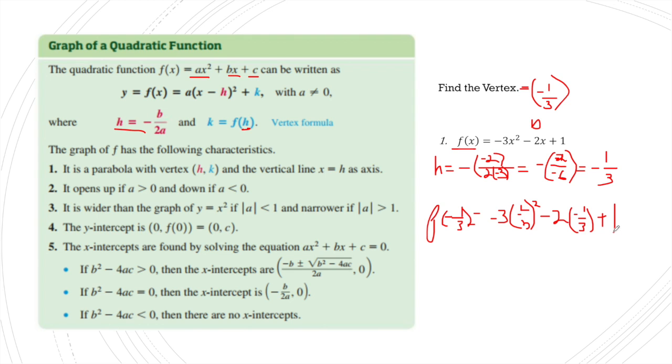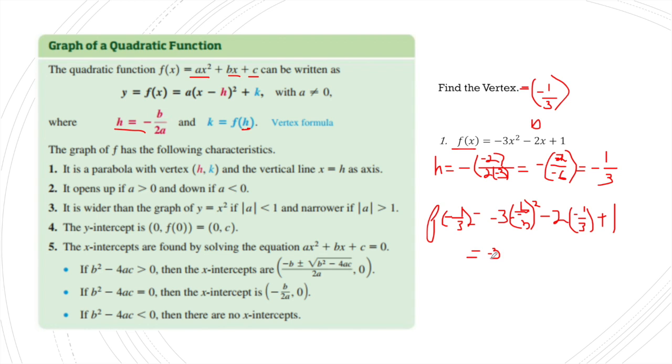Now I know this is quite a bit of fractions, but just remember when we're multiplying fractions, we multiply the numerators, and when we add fractions, they need to have the same denominator.